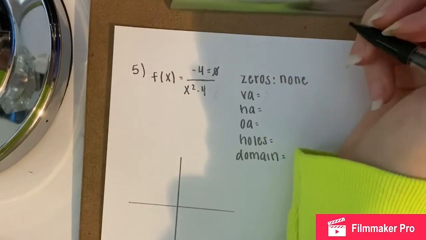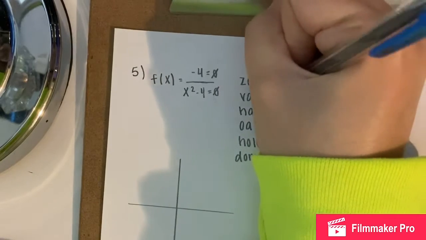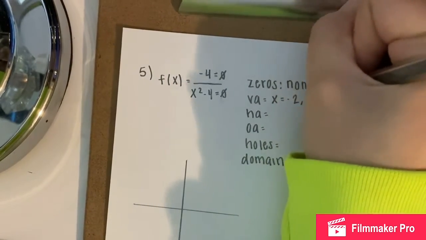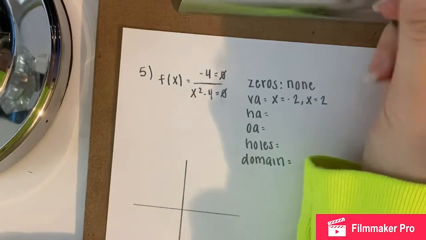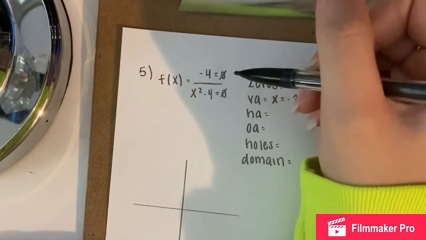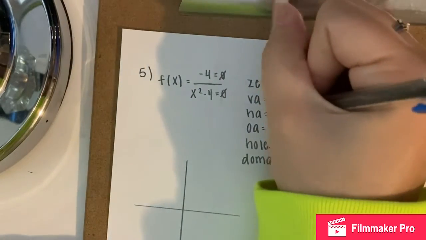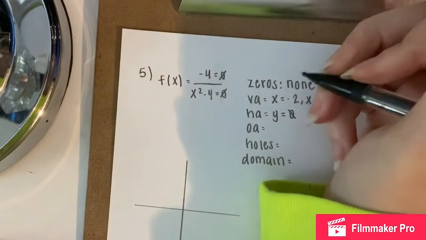And for our vertical asymptotes, we set now the denominator equal to 0, and once you find this, we know that we are left with x equals -2 and x equals 2. Now for a horizontal asymptote, because the degree in the numerator is smaller than the one in the denominator, we know that we are left with a horizontal asymptote of y equals 0.